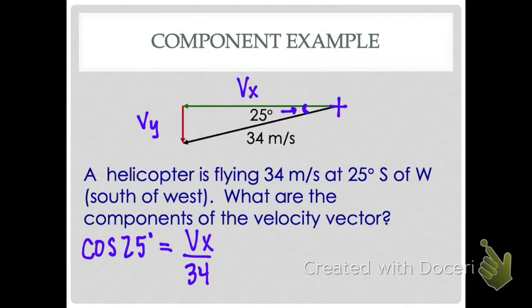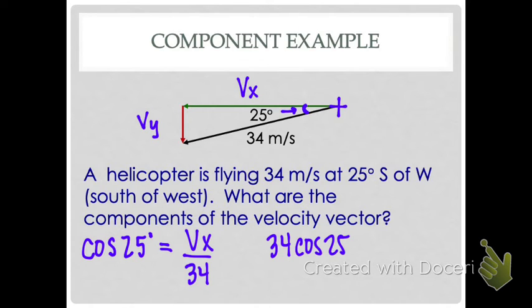Now here's how I typically write it. If I want to solve for Vx, what do I have to do to the 34? I have to multiply it over. So realistically, Vx is the same as saying 34 times cosine of 25. Are you used to seeing it written that way or not really?